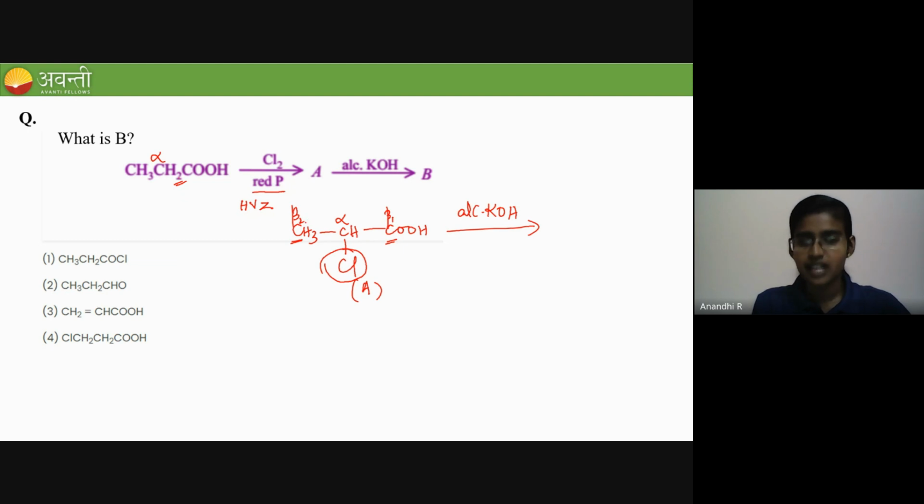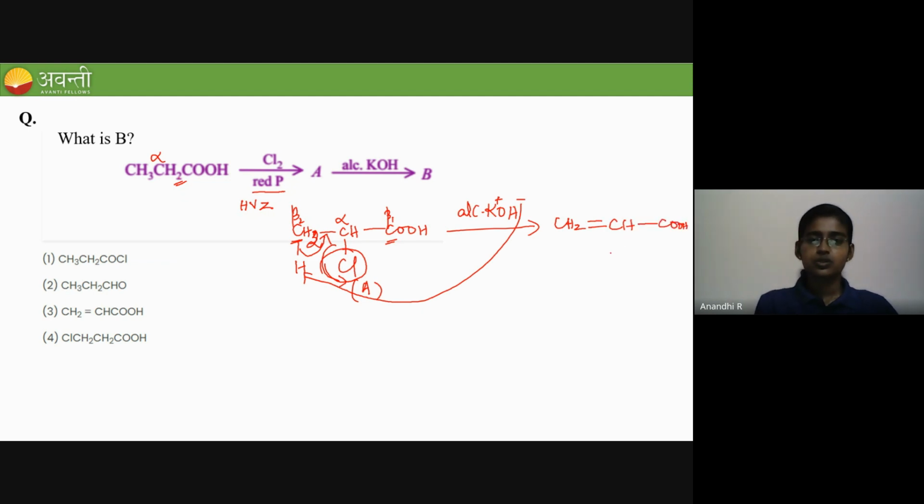Option 3 is the answer. I'll discuss. Good. So beta 2 carbon has 3 hydrogens attached to it. I'll write the CH3 like this. And OH minus will come and take out this hydrogen. The bond shifts here and the chlorine leaves. So what will we get? We'll get CH2 double bond CH and COOH.